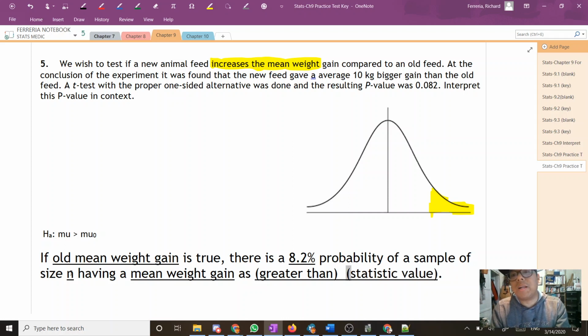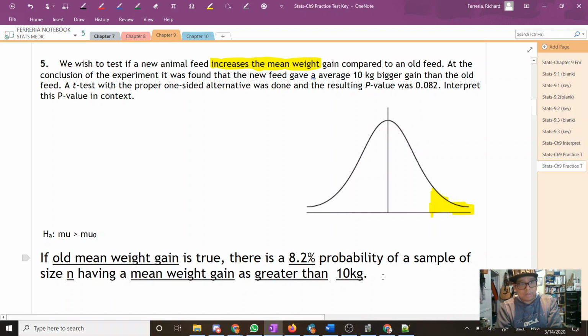Well, the statistic value is 10 kilograms. Okay, I can trim this up a little bit. You don't need parentheses. There we go. So if the old mean weight gain was true, then there's an 8.2% probability that a sample of size n has a mean weight gain greater than 10 kilograms. Okay, that sounds pretty nice to me.